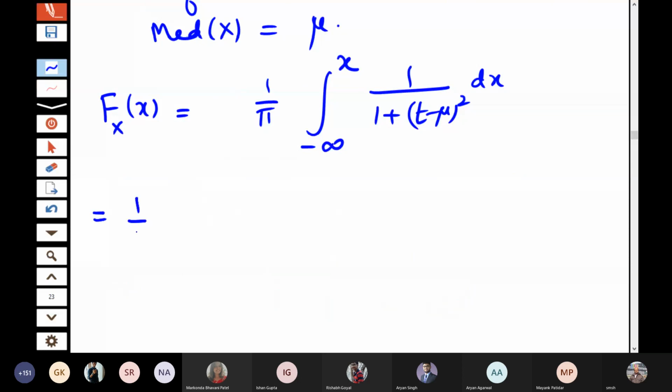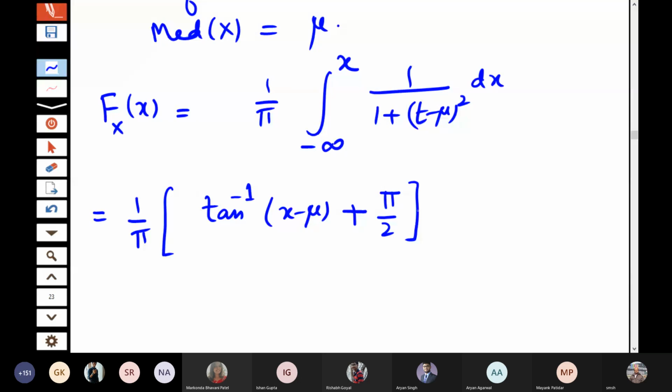So that is 1 by pi, tan inverse of x minus mu, plus, since at minus infinity this will become minus pi by 2, plus pi by 2.